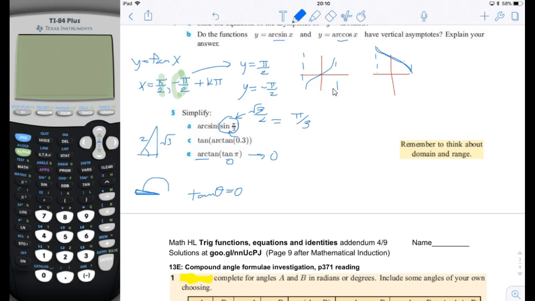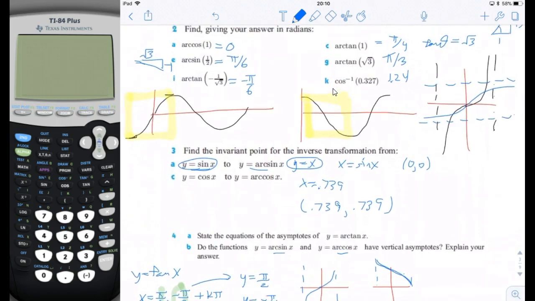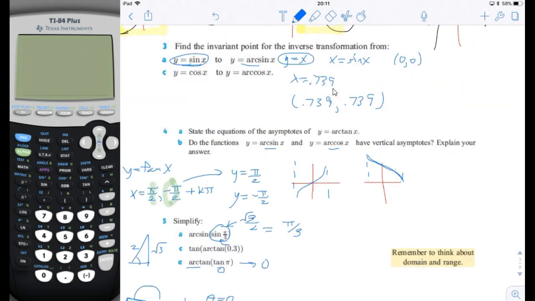Let's go back and look at the arctangent function. The only value in the blue arctangent function that has x equals 0 is y equals 0. So that's why the answer to this is 0 instead of the original input, which is pi.